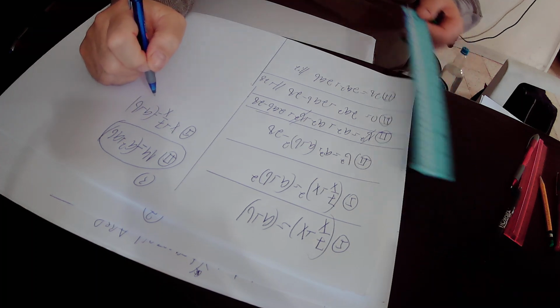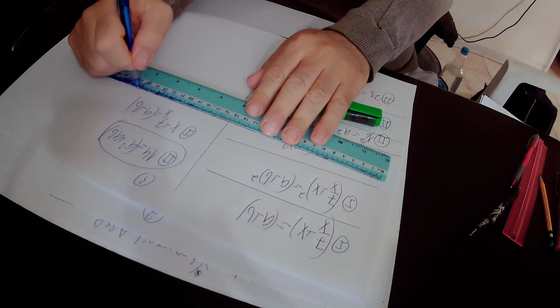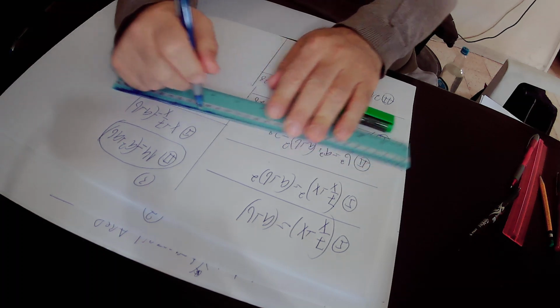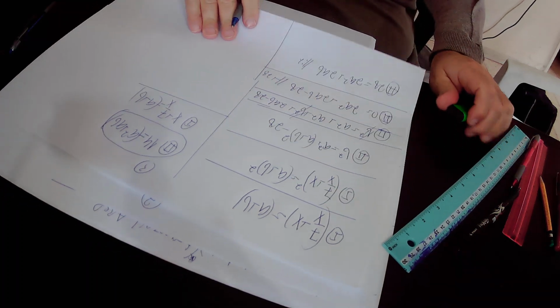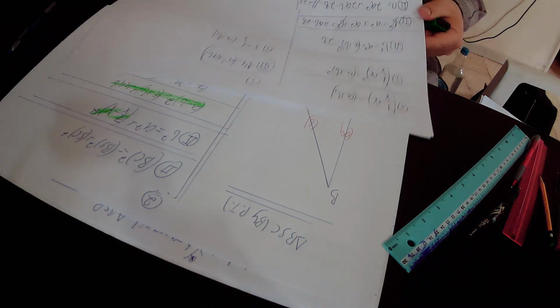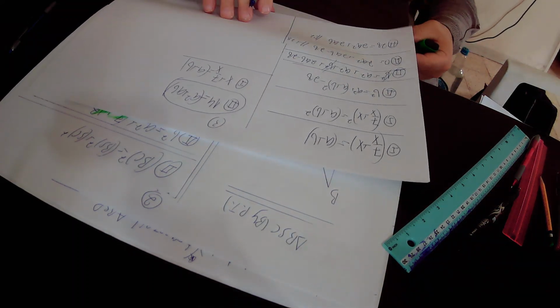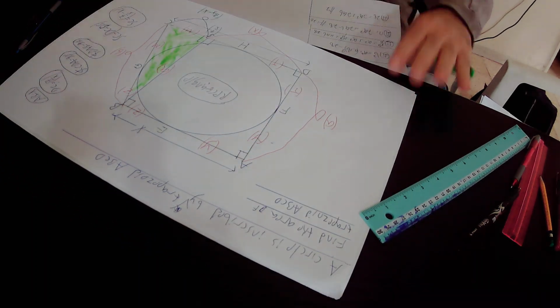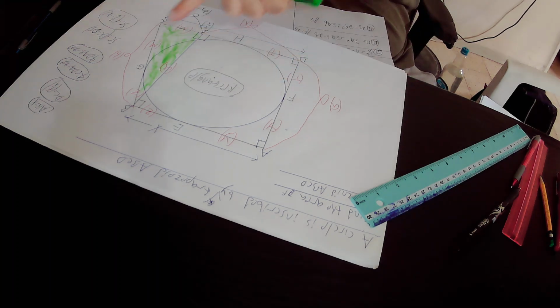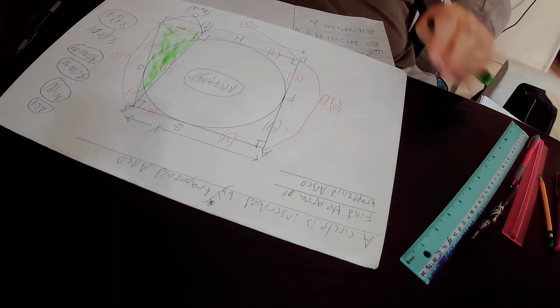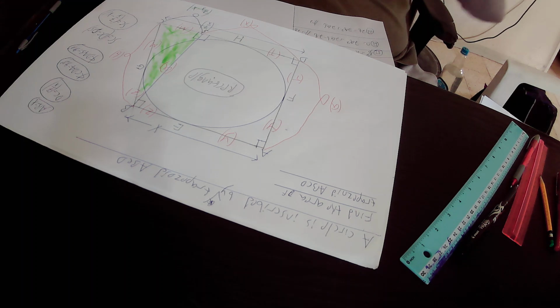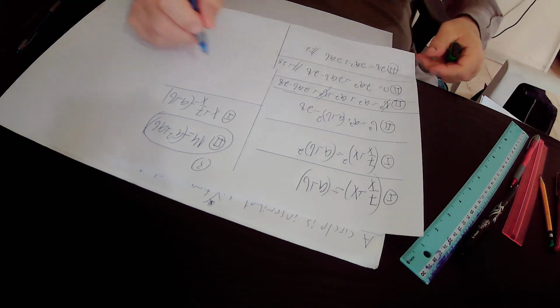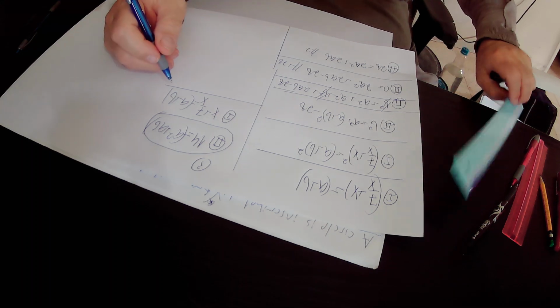So we have here two equations. I'll repeat again. Our mission is to find out the area of this trapezoid, trapezoid ABCD. So what is the area of trapezoid ABCD?